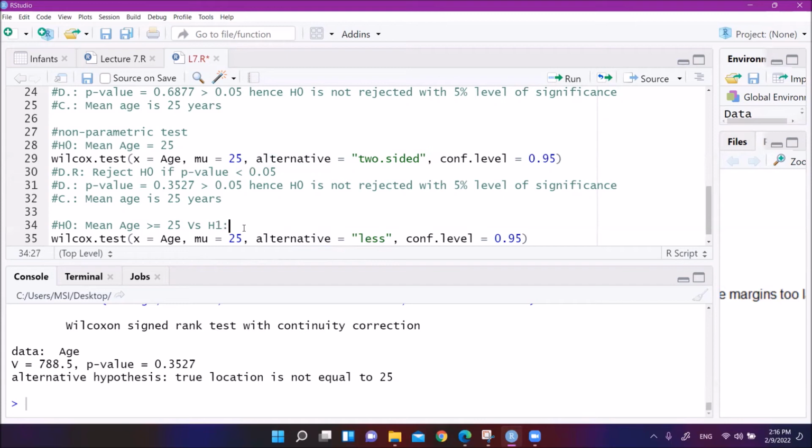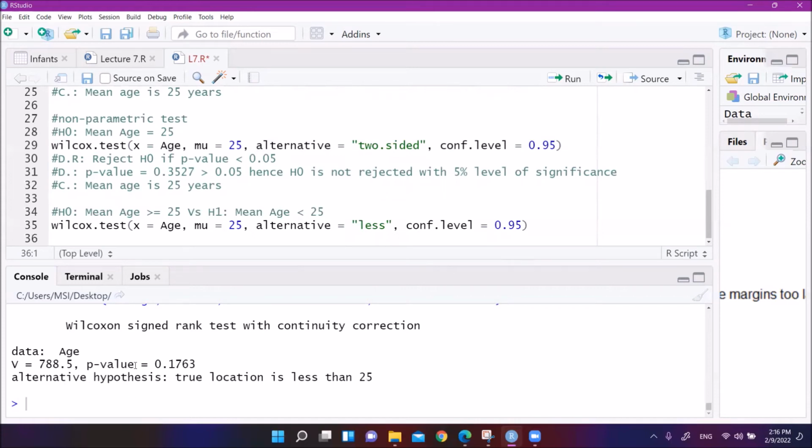So if you write H1, how does it construct? This is the less than mark. So that is how you give it. If you are asked to check this hypothesis, remember, you have to specify the alternative like this.